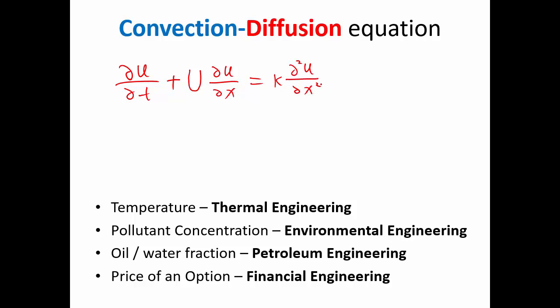This is a partial differential equation because I'm writing partial derivatives, but also the solution u is a function of not only time but also space. So u is a function of x and t, a function of two variables. That's where the partial derivatives come from.